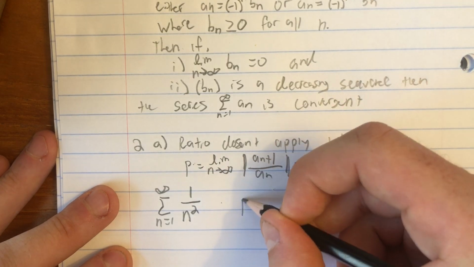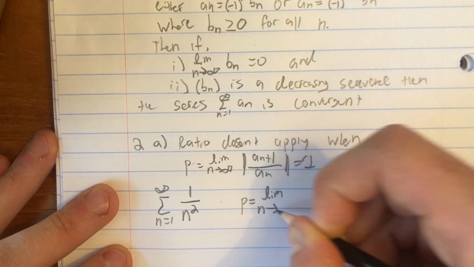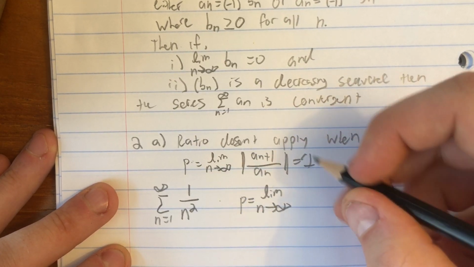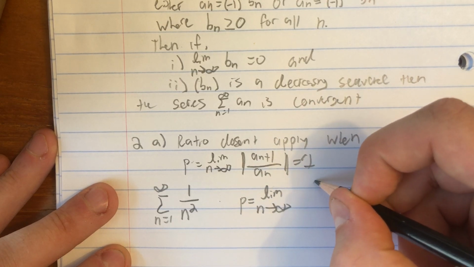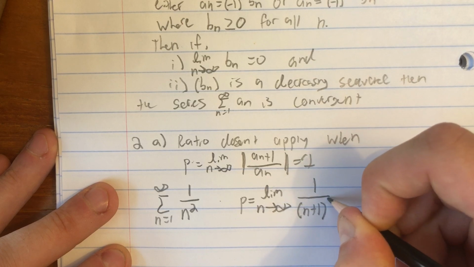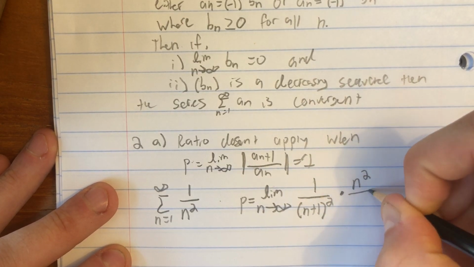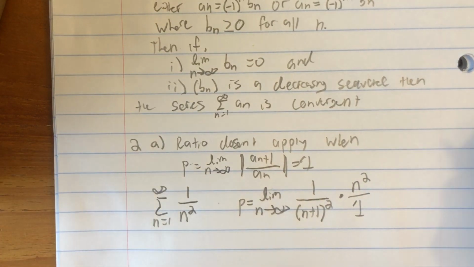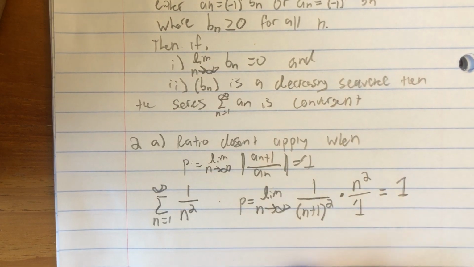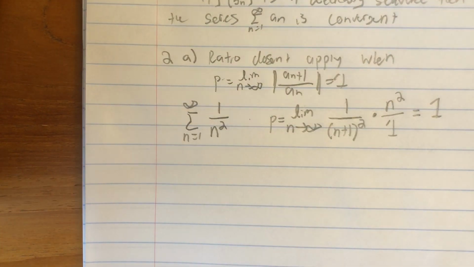And if you take the limit, p equals the limit as n goes to infinity of, we don't have to do absolute value because there are no negative numbers, 1 over (n+1) squared times n squared over 1. Taking the leading terms, that would be n squared over n squared, which would equal 1. So based on this, it is absolutely convergent and the ratio test does not apply.